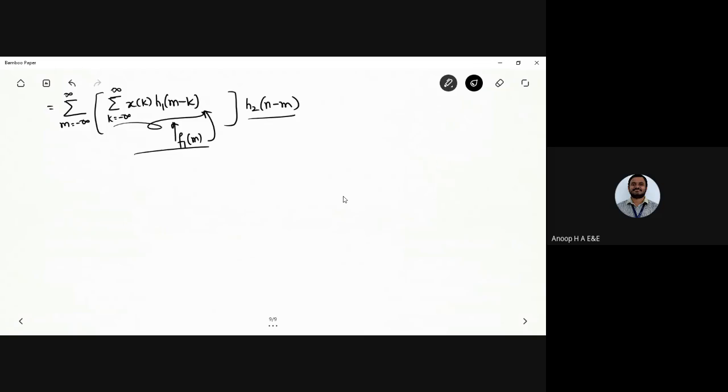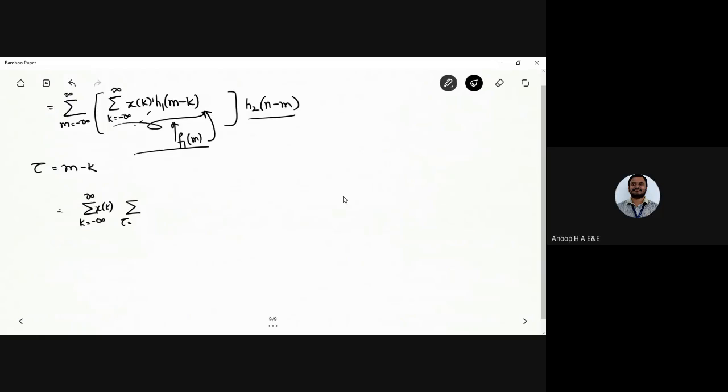So a bit of understanding needs to be present here. Again, let me take another variable, say tau, that would be equal to m minus k. So interchanging the order of the summation here, I can generally use the summation as sigma k equals minus infinity to plus infinity, and again sigma over tau, which might be any other variable, with x of k written here.